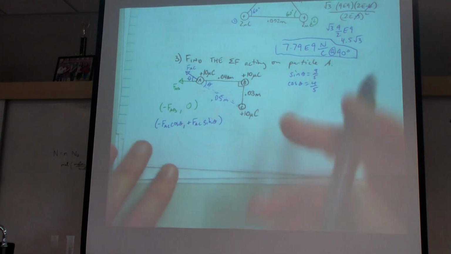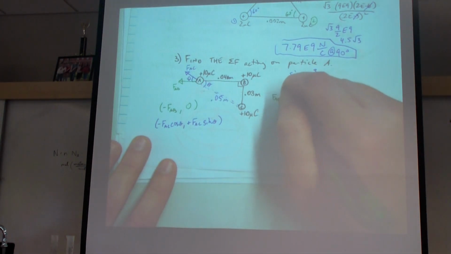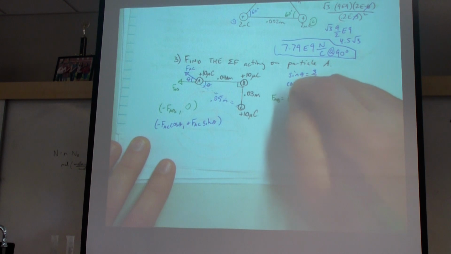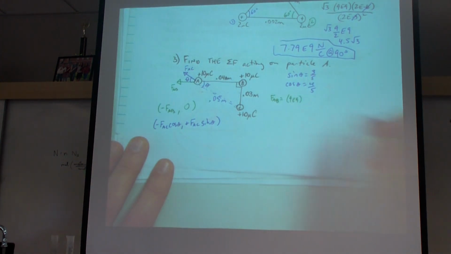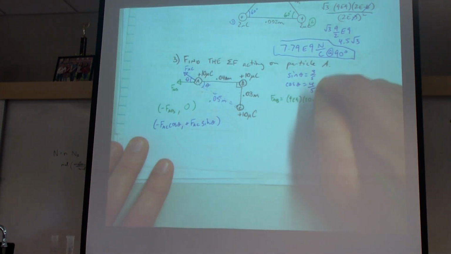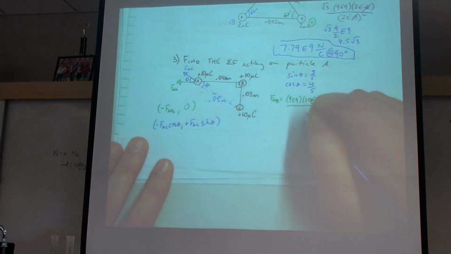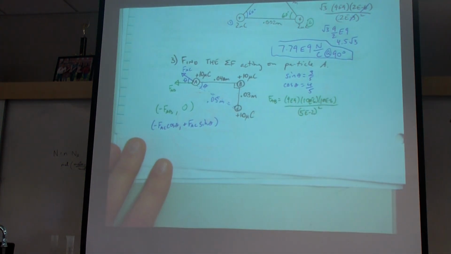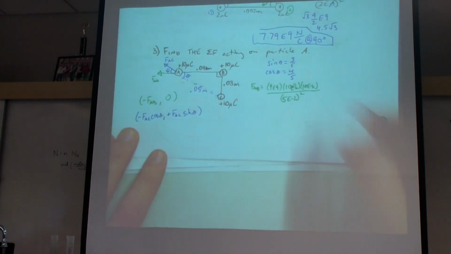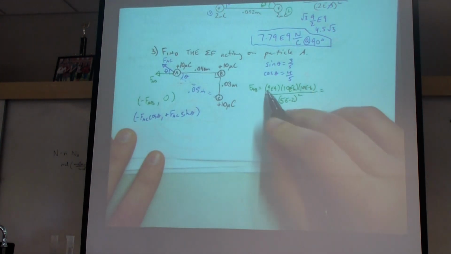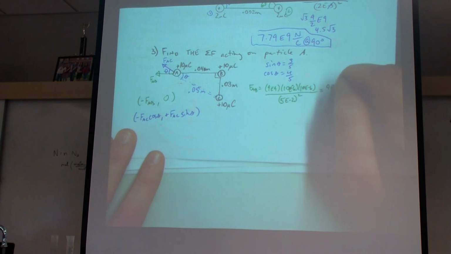So let's just do, what does FAB equal? It is K, so 9E9, times Q1, that's 10E negative 6, times 10E negative 6, divided by 5E negative 2 squared. On top, I get, let's see, 9 times 10 times 10, that's 900. And then E negative 3.